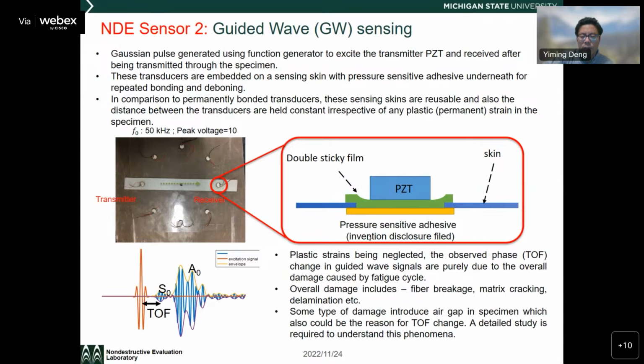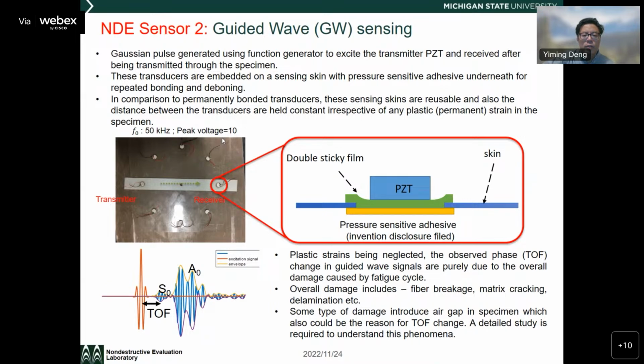We call this the pressure sensitive adhesive, so that you can attach this PZT skin to the surface of the sample. Using the transmitter, you can have a generator generate a Gaussian pulse and excite it, propagated in the sample, and received by a receiver.